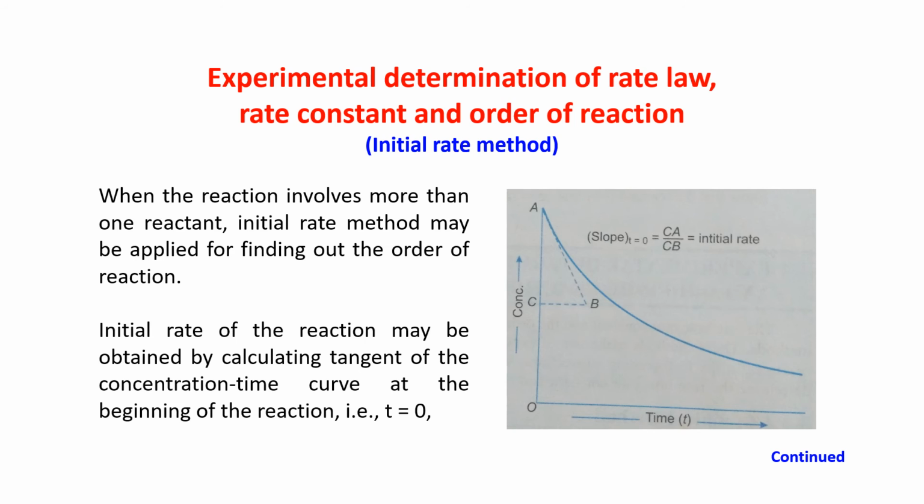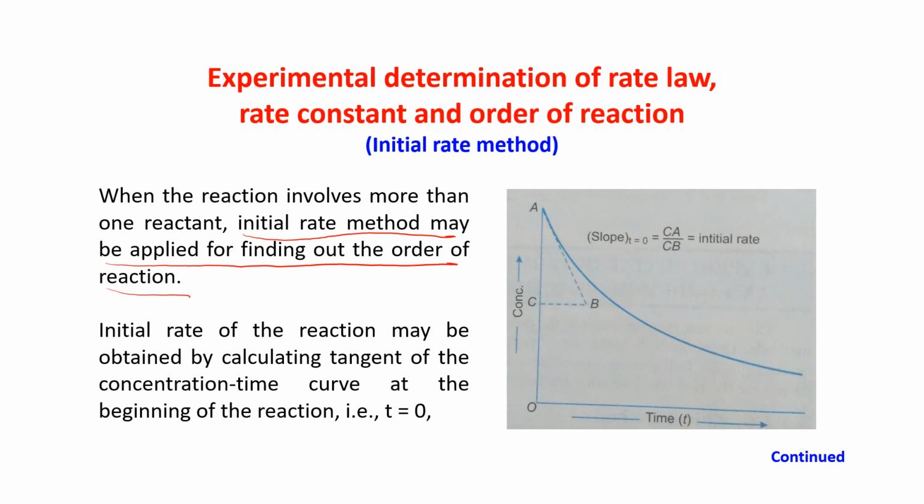Now I am coming to how to calculate the order of a reaction when more than one reactant is taking part. In that case, the initial rate method may be applied for finding out the order of reaction.